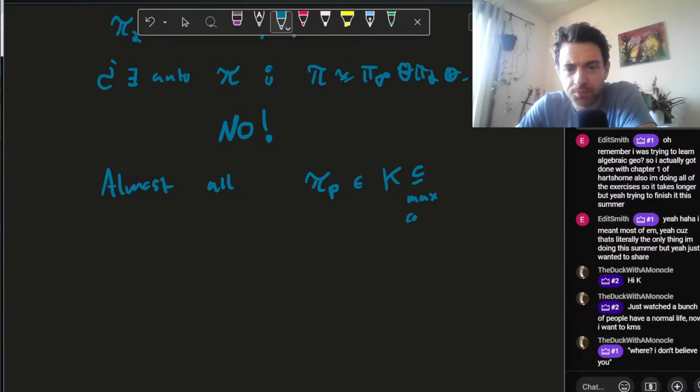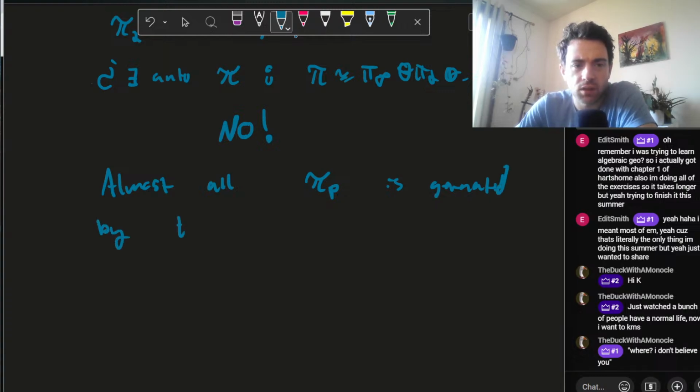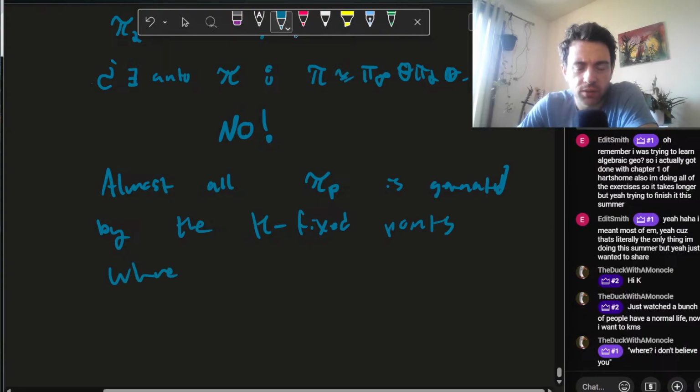Or rather, this is generated by the K-fixed points, where K is the maximal compact.